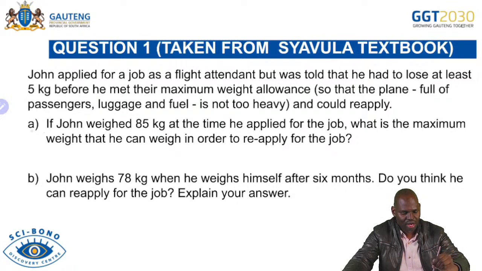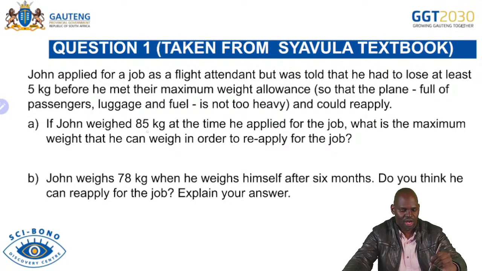Then the first question there is, if John weighed 85 kilograms at the time he applied for the job, what is the maximum weight that he can weigh in order to reapply for the job?